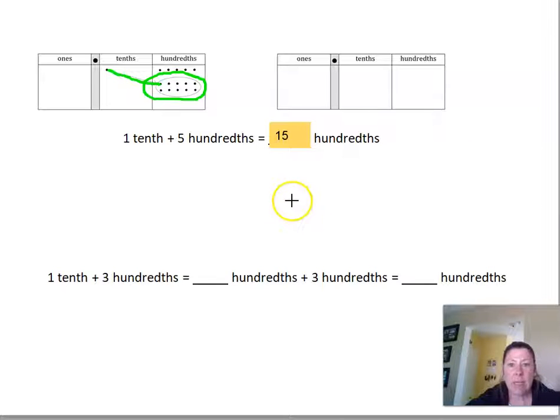Now, an easier way that we might be able to do this on a place value chart is if I have that 1/10, and if I have that 5/100ths, I know that 1/10 is 10/100ths.